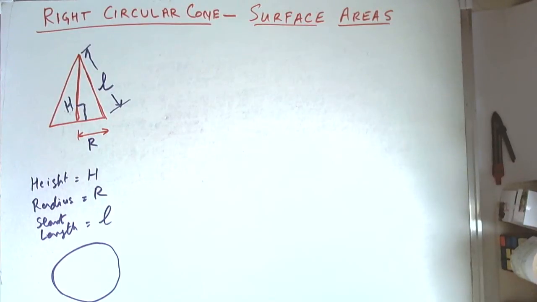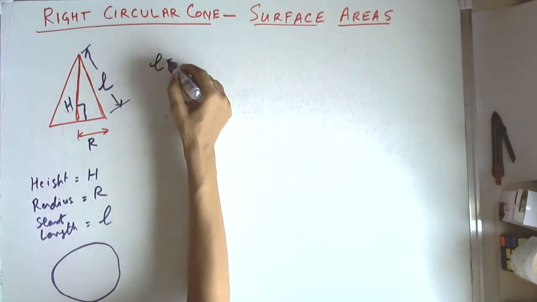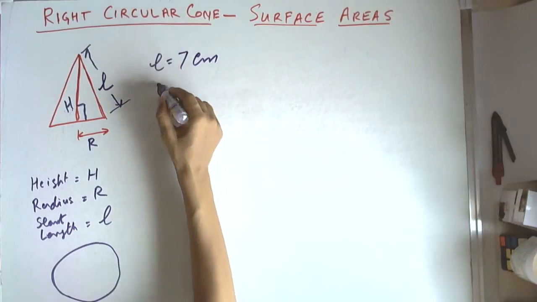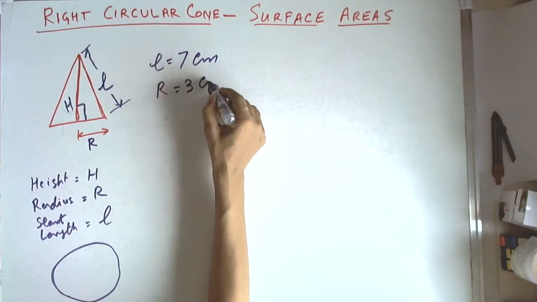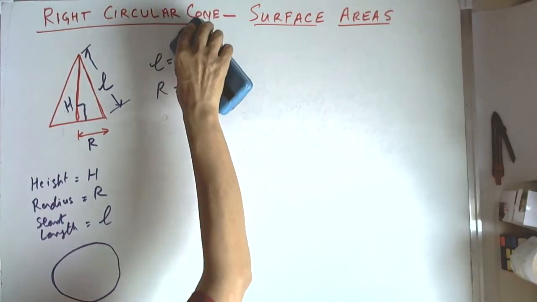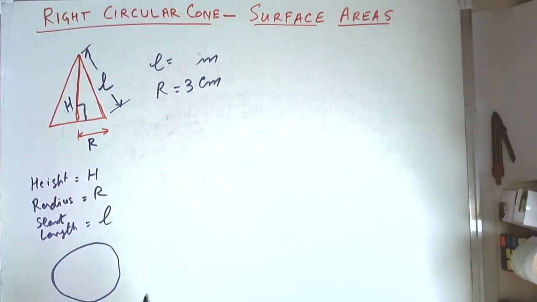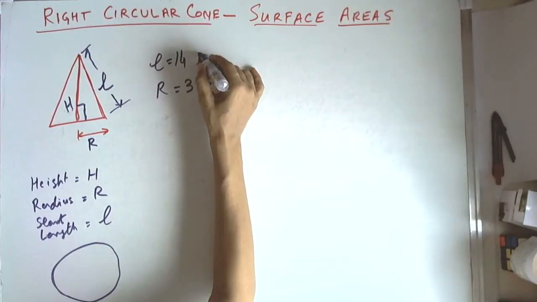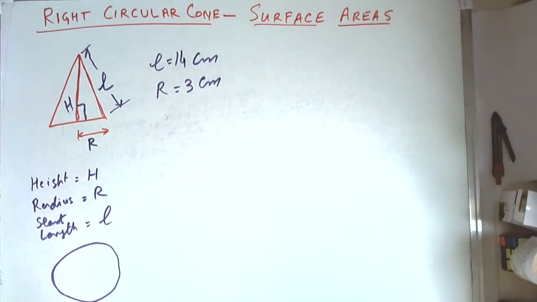So if we have to construct a right circular cone of, say, L equal to 7 centimeter and R equal to 3 centimeter. Sorry, we want to construct L equal to 14 centimeter, because I have already constructed one and I will use it. So I have constructed one with L 14 centimeter and radius equal to 3 centimeter.